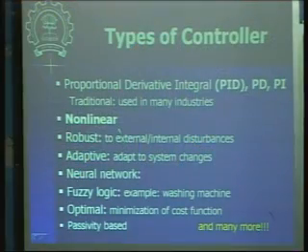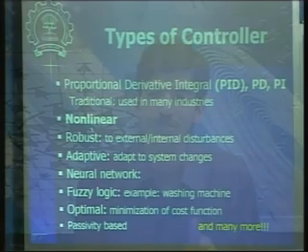Then next is nonlinear control. Nonlinear control is again a very vast field and is actually developing. It has not been saturated. There are lots of new things coming up in this field. Okay, and you see, all the equations of the robots that you get, for example we saw the two-link manipulator, those equations were in nonlinear form.